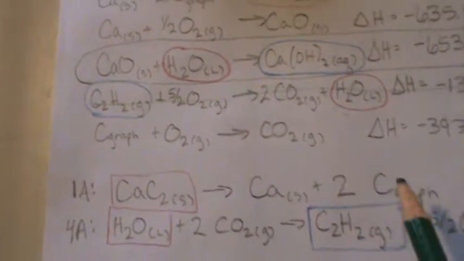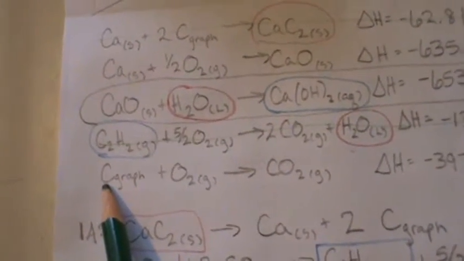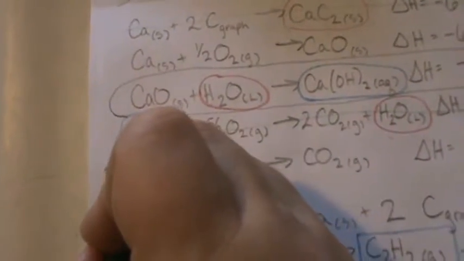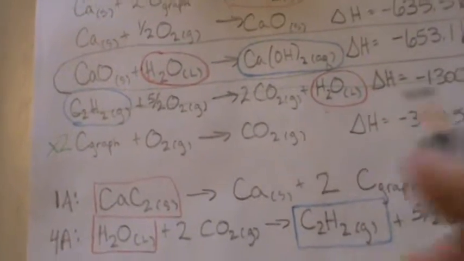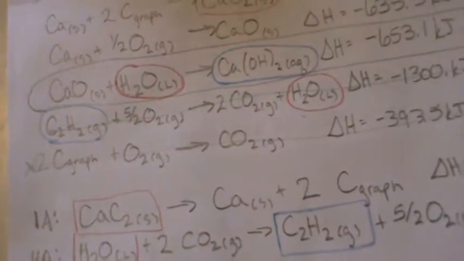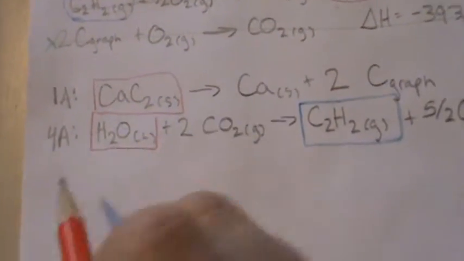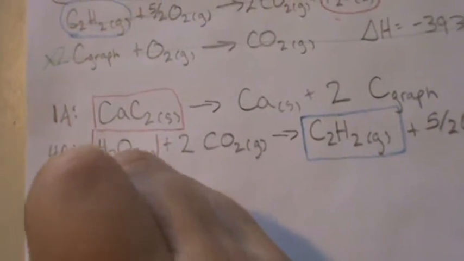And up here in this equation, I only have 1. So in order to cancel that out, I'm going to multiply this through by 2 all the way across. We'll call this 5A.